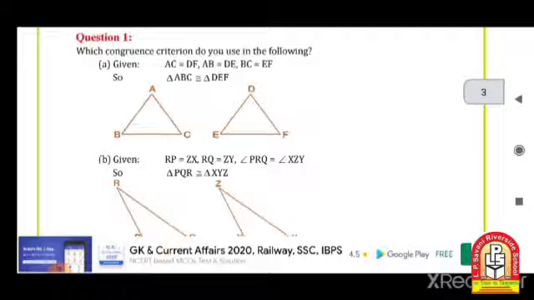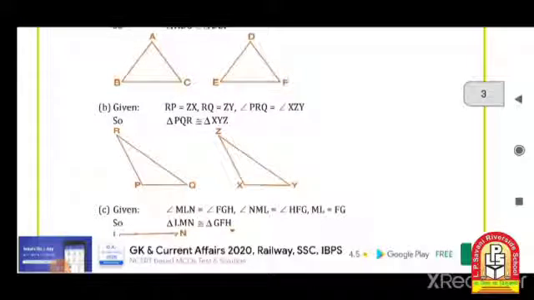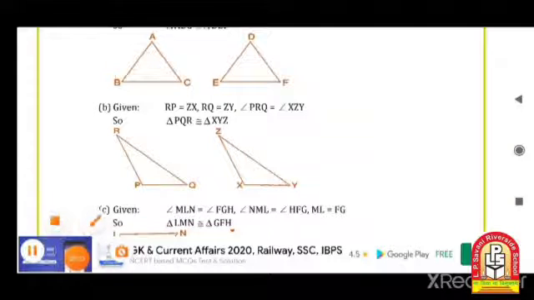So we can say that triangle ABC and triangle DEF are congruent. And then RP is equal to ZX, RQ is equal to ZY, and angle PRQ is equal to angle XZY. So here you can say that XYZ and PQR are the same.